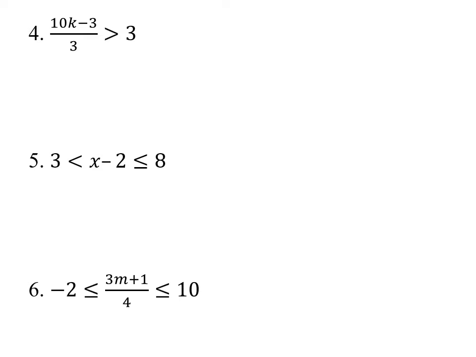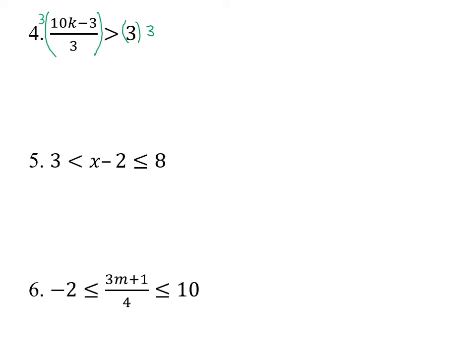Okay. Number 4. We have 10k minus 3 over 3 is greater than 3. Again, here we have a fraction. So if you have a fraction, the first thing you want to do is get rid of that fraction. So I'm going to multiply everything in this problem by 3.